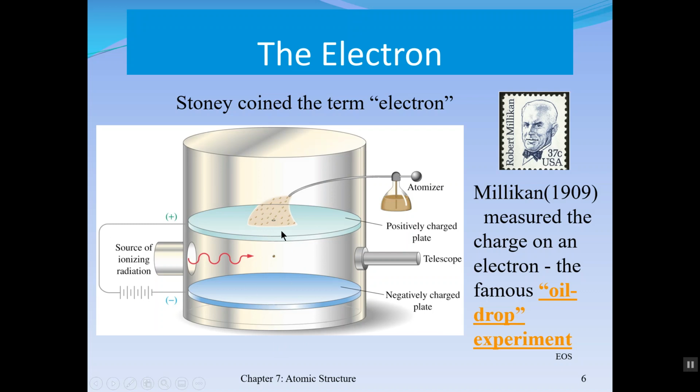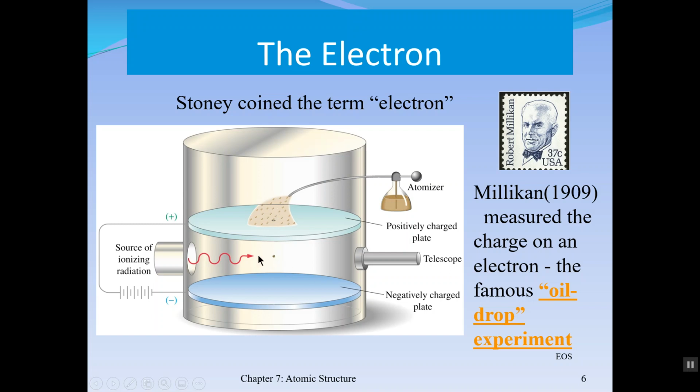This is the cathode, this is the anode, and we have some oil here in this bottle. As you can see in the setup, it allows for a fine spray of oil to be ejected from the nozzle right here. One thing I should say is that there's a very tiny hole in the cathode plate, which allows for individual droplets to pass through.